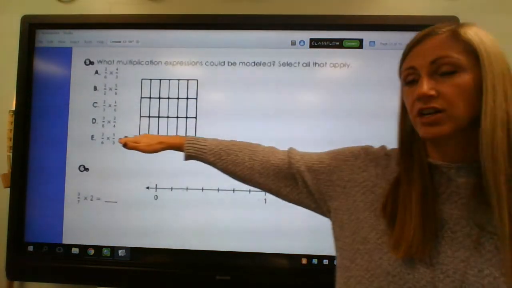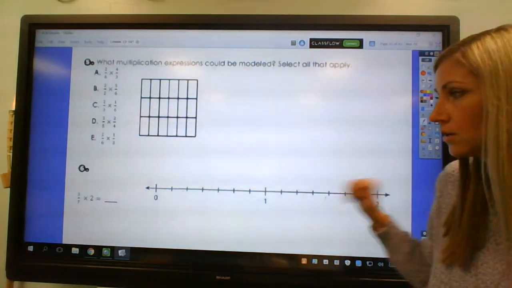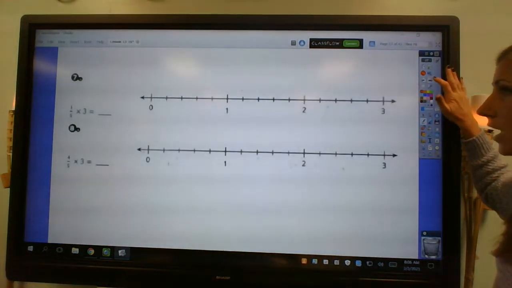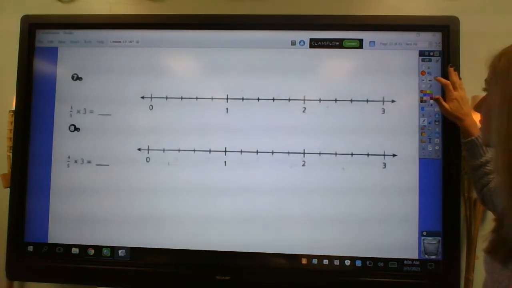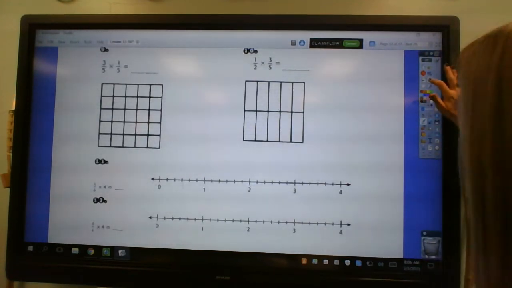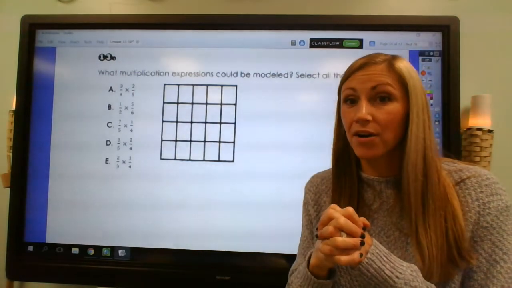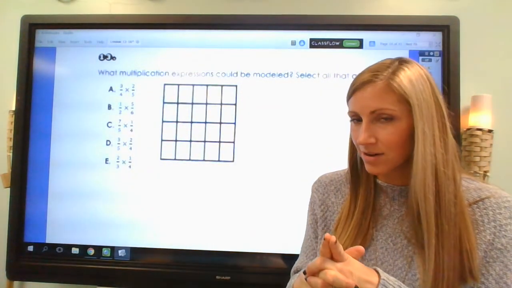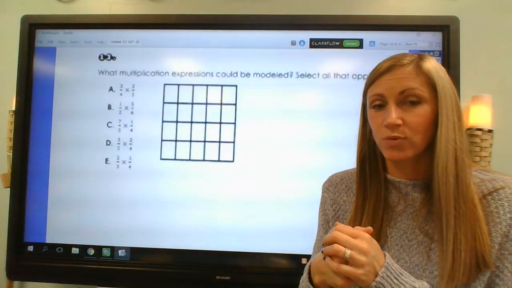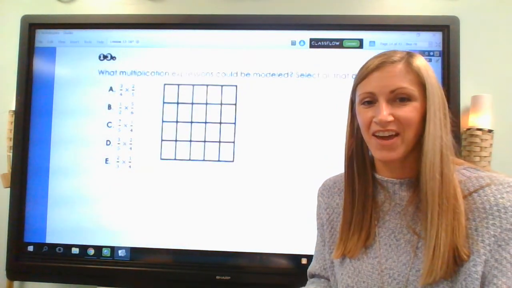We're going to look at all the different expressions that can be shown with each area model based on its cuts. We'll try out number lines. I already have them started for you, whether it's a fraction or a whole number. And then we'll continue on with our work tomorrow, moving past area models and how we can calculate these no matter what fraction we get without using the models. Okay, good luck.